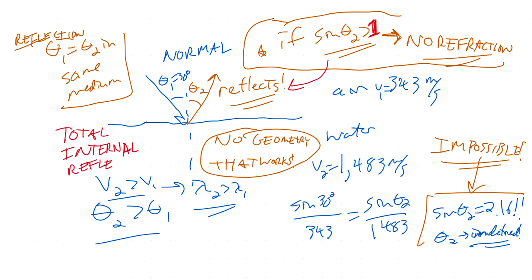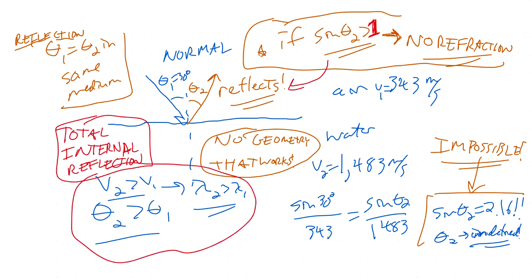Please understand what this is. It's due to this logic. Please know this logic. Pause the video, rewind it if you need a refresher or a review, but total internal reflection.